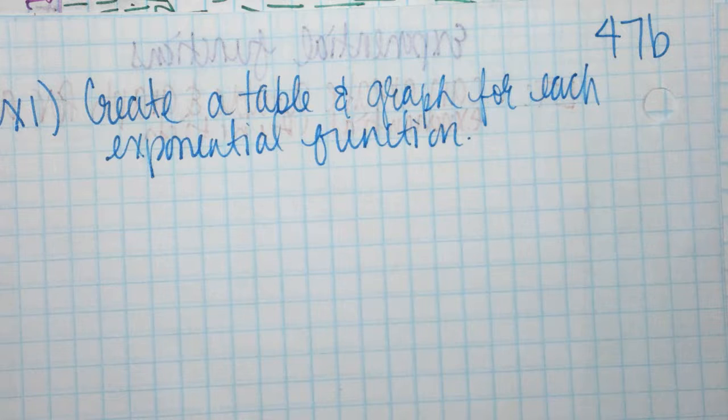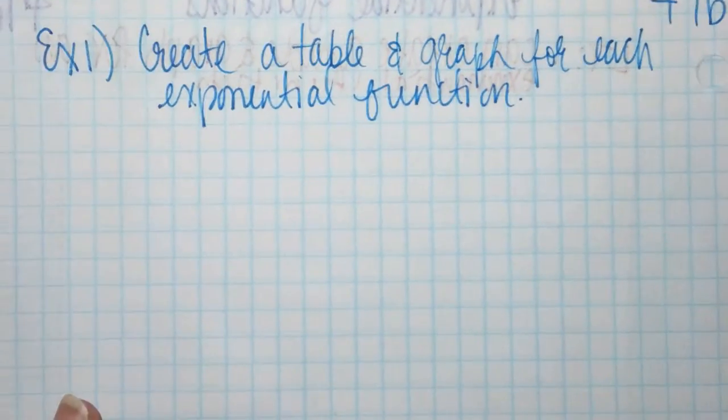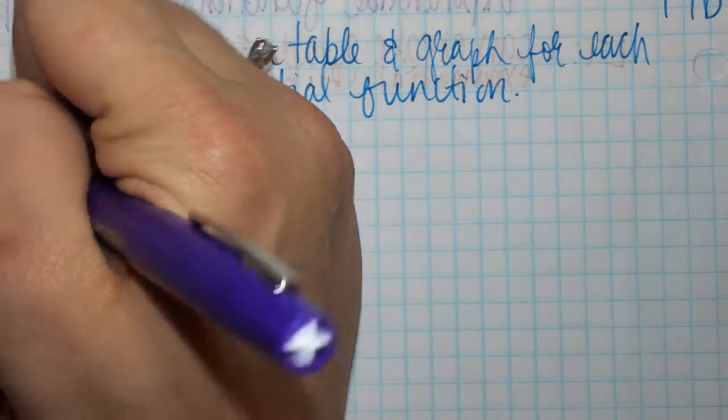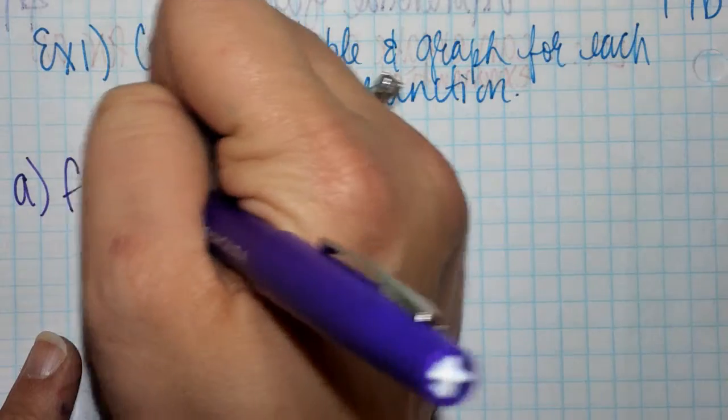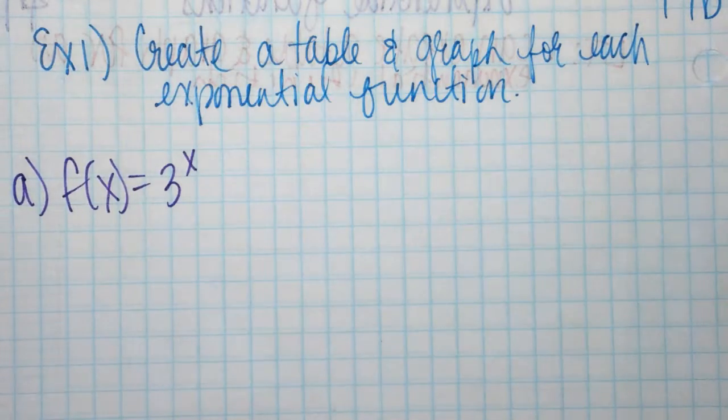All right, so this is a level 2 because we're creating and graphing. It could be level 1 or level 3 if we added some word problems, but we're not going to do that today. The first one that we're going to do together is f of x equals 3 to the x.